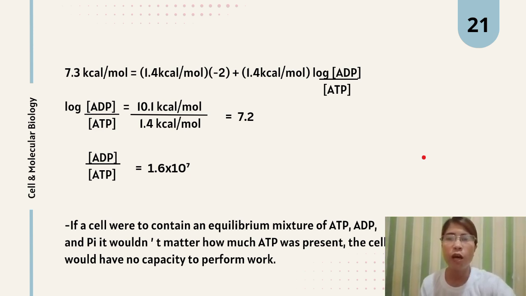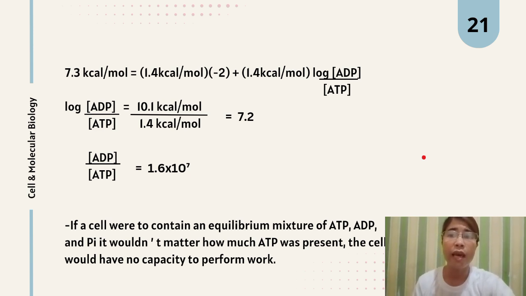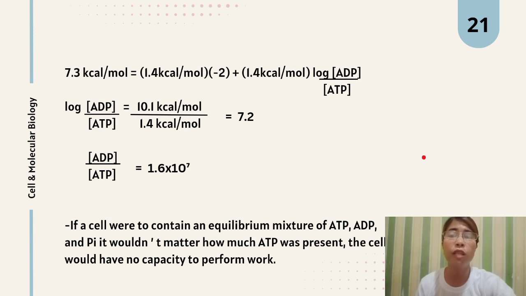So, if a cell were to contain an equilibrium mixture of ATP, ADP, ito po yung ratio natin to calculate the ratio of ADP and phosphate, it wouldn't matter how much ATP was present. The cell would have no capacity to perform work.